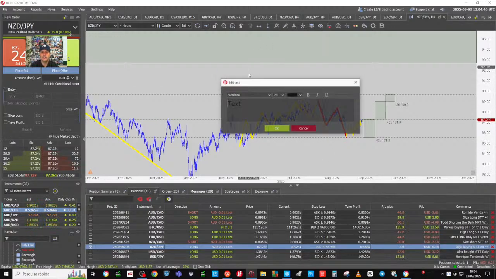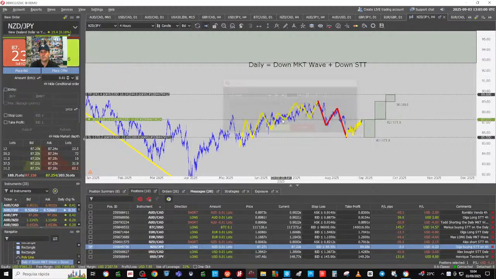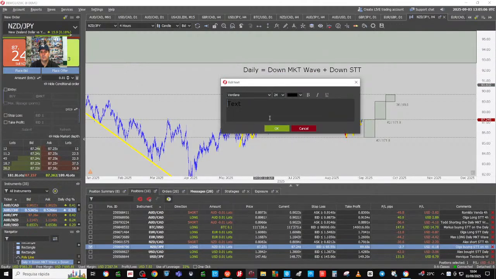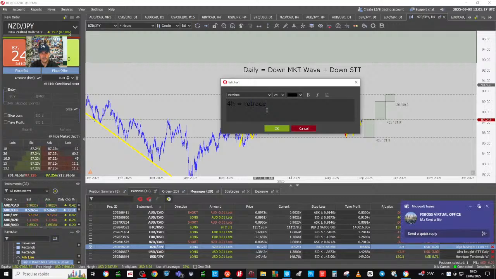Okay, everybody, so if the daily chart has a down market wave plus a down short-term downtrend, all right everybody, and the 4-hour chart, let's say that I have a visual, so a retracement on the red downtrend.